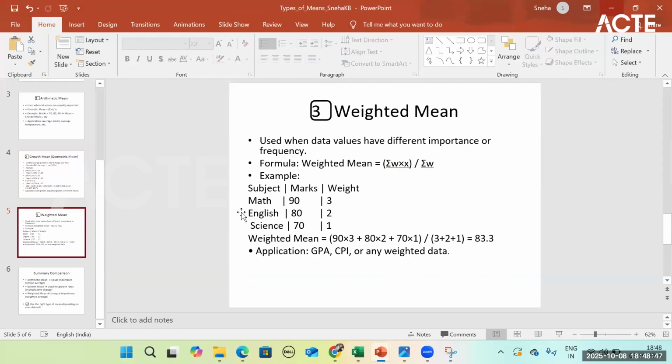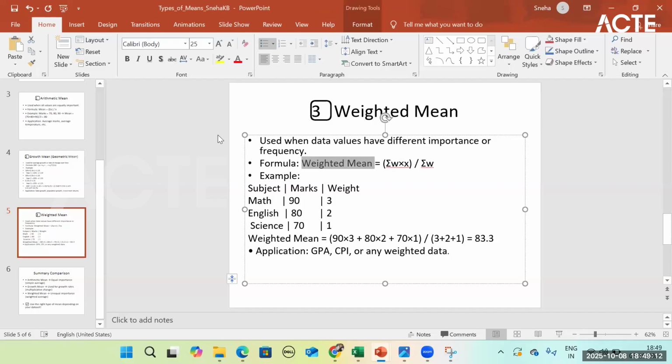The 2 minor exams will carry 25 percentage of your marks, and the final weightage will be 55%. The total will be calculated like this. Understanding my point? Yes, ma'am. At that time, we use weighted mean to calculate their middle value.